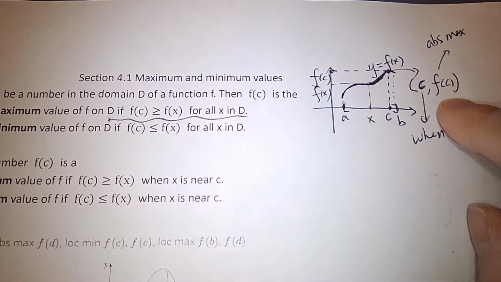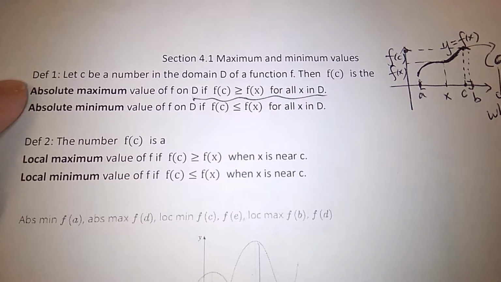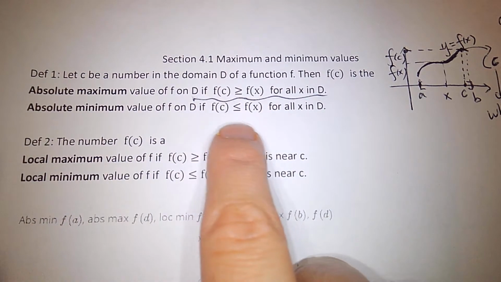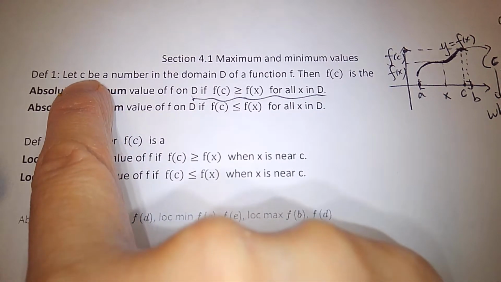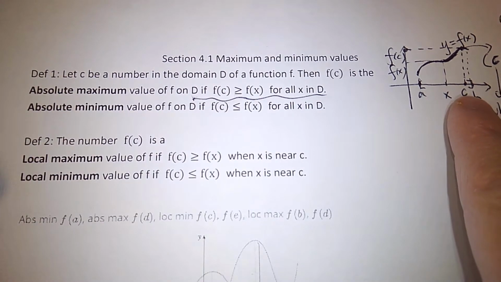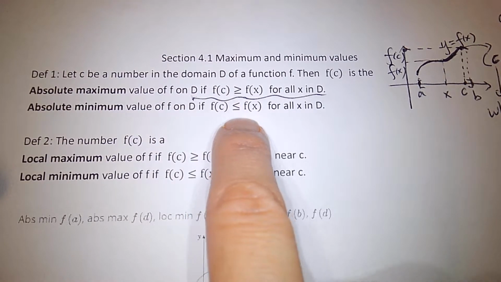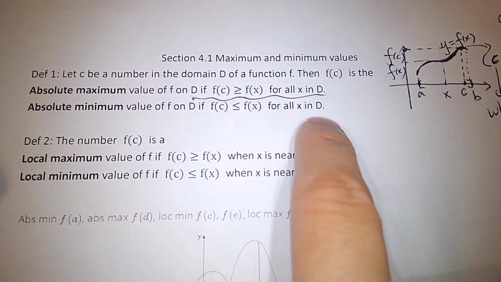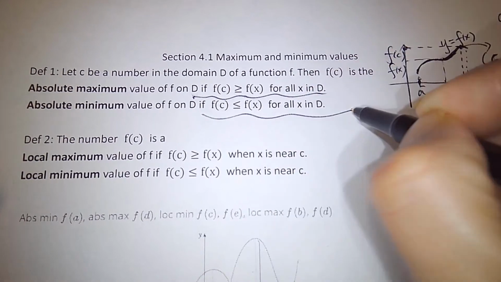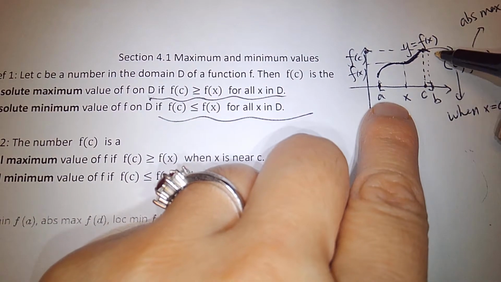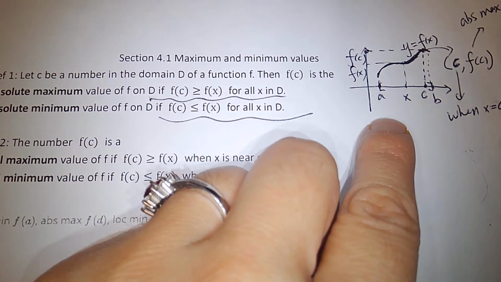Similarly, how do you understand the absolute minimum value of f? If we have a number c in our domain such that f of c is less than or equal to f of x for all x in D, it means we have a lowest point on the graph. Now, from this curve, do you see a lowest point on the graph?